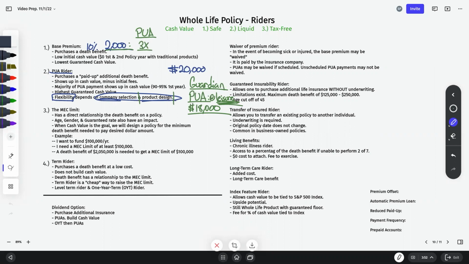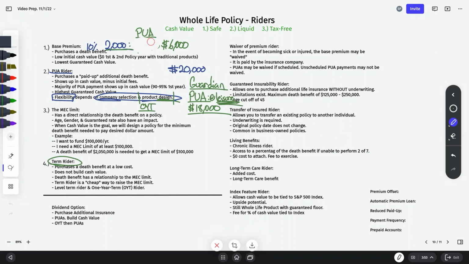for a $2,000 base premium, you'll see during the first 10 years, they will allow you to pay 3x that base premium dollar figure in annual PUAs, which comes out to another $6,000 per year. Add the two together, you get $8,000. However, we talked about product design. If we attach a term insurance rider, specifically what is referred to as a one-year term rider, guess what happens to those PUA limits?